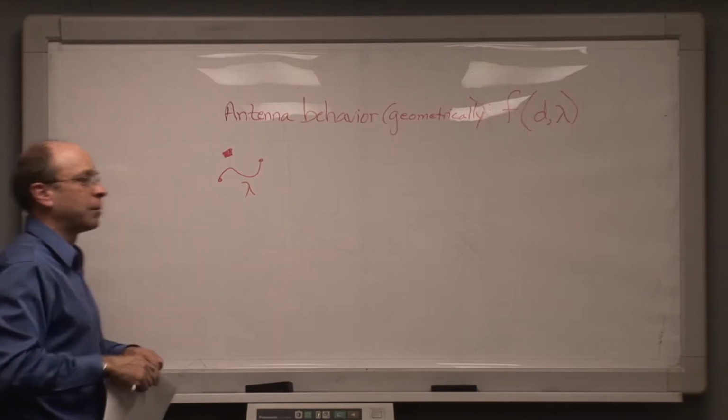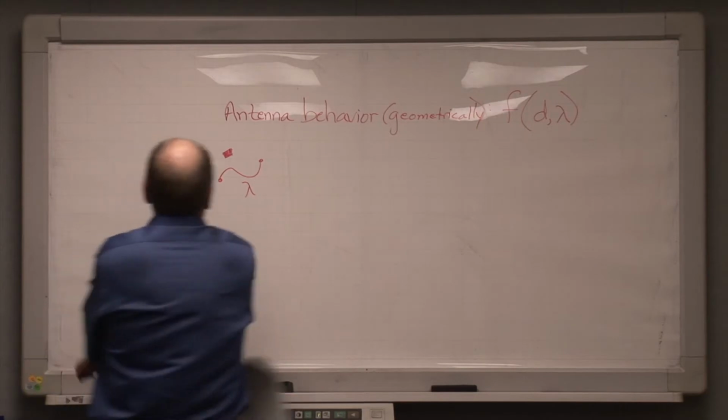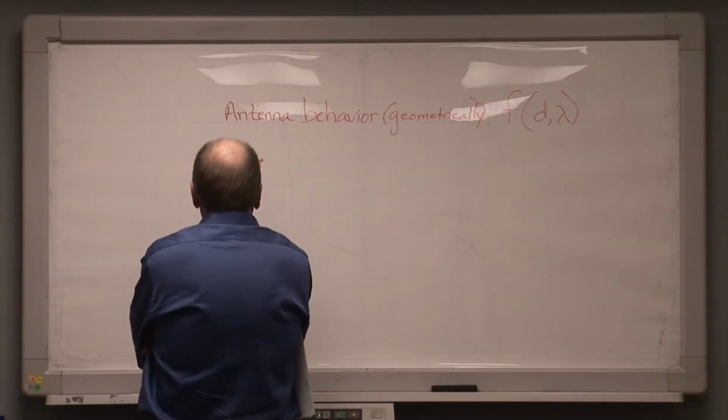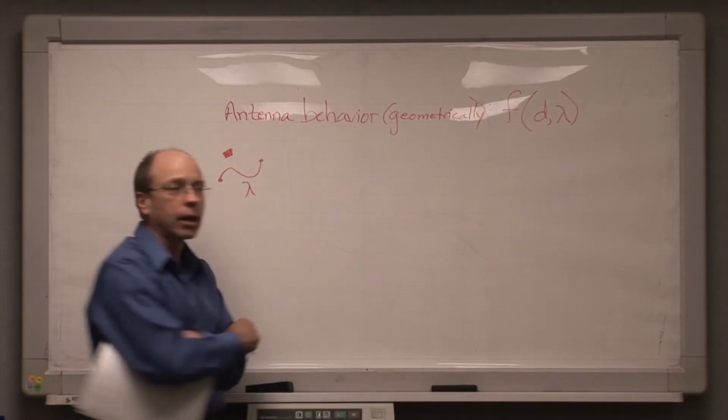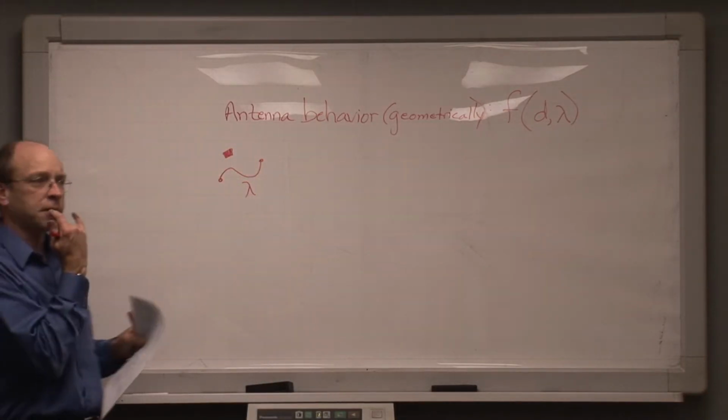Here's an example. You can still hear me when I turn my back to you. The reason that you can hear me when I turn my back to you is that the acoustic waves that my mouth is generating are substantially longer in wavelength than the size of my mouth.